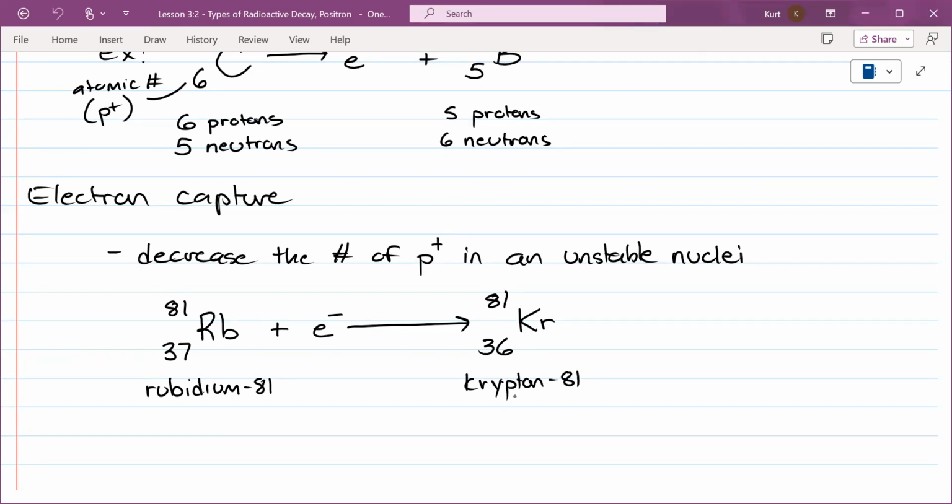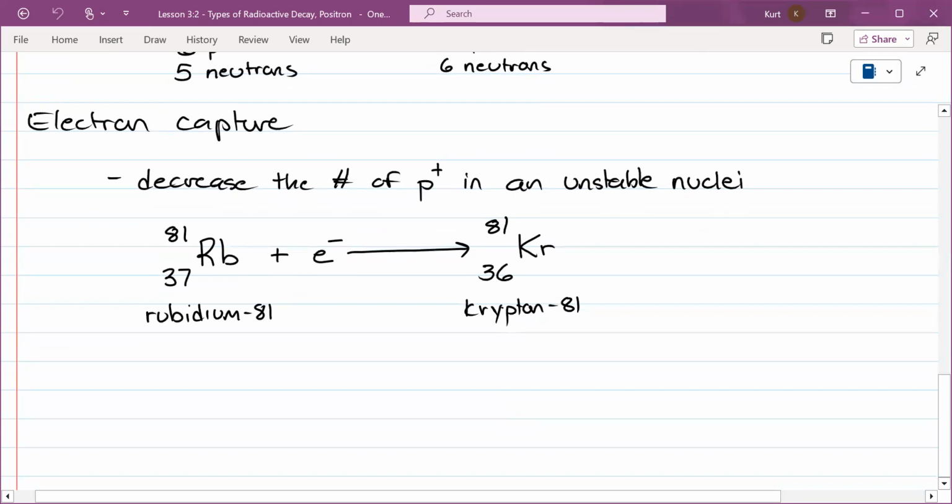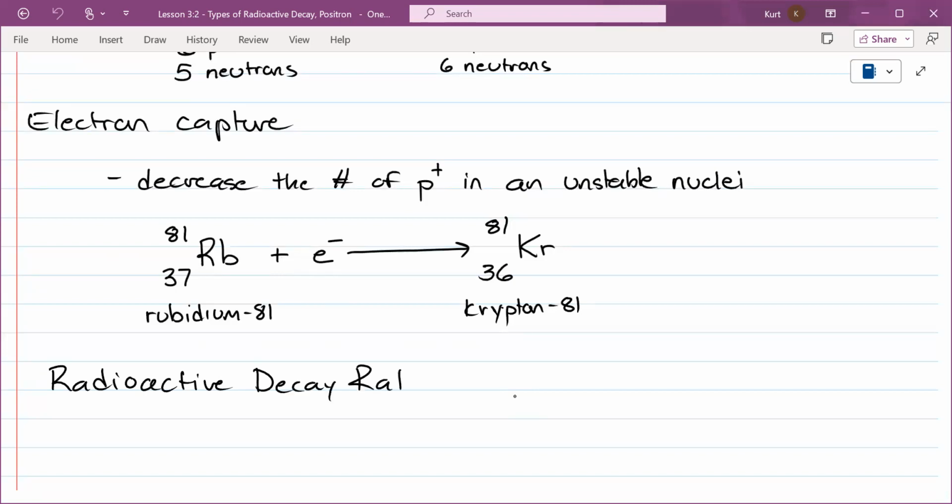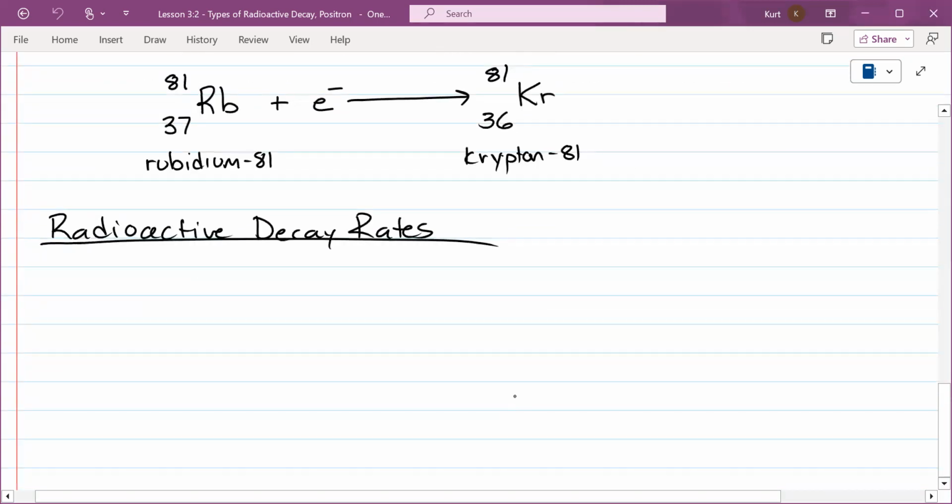Okay, we have about 4 minutes left. I'm barely going to get in radioactive decay for you, and you're going to need your calculator for this one. There's a method of dating things that are very old. It's called radioactive decay rates in dating. Decay is measured in half-lives.